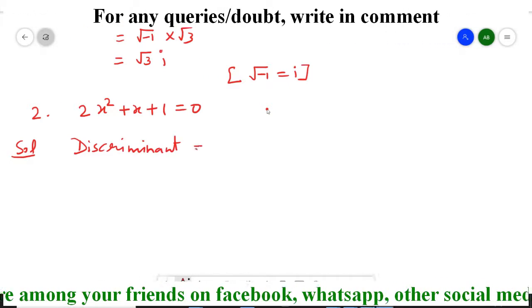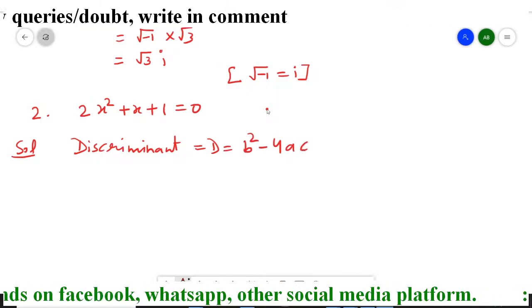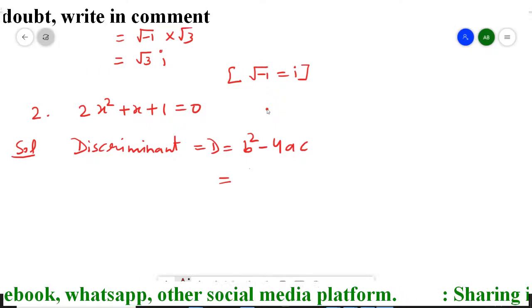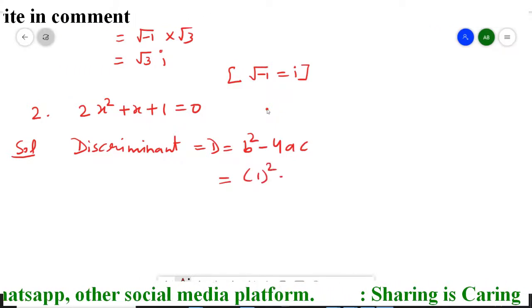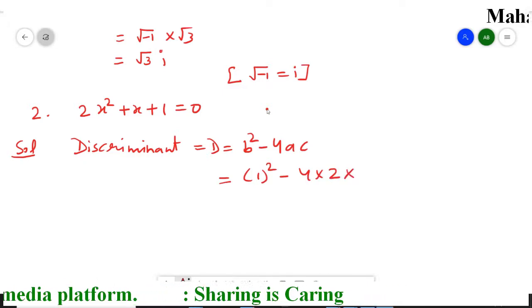The formula of discriminant is b square minus 4ac. So we have to put in the values: b is 1, and 4 multiplied by a, which is 2, multiplied by c, which is again 1.